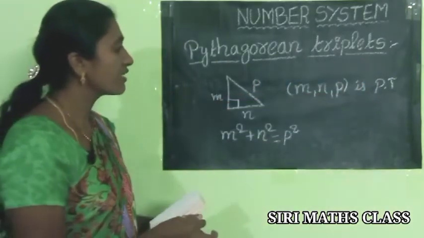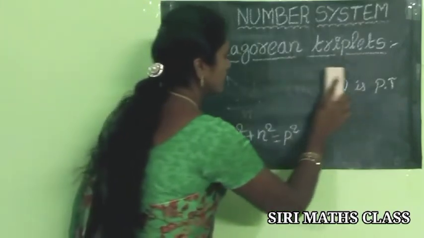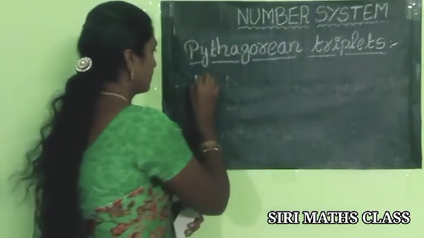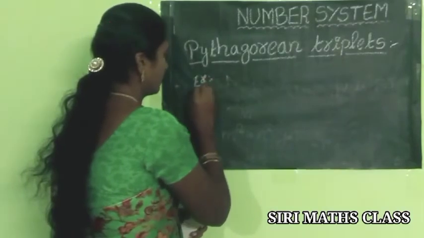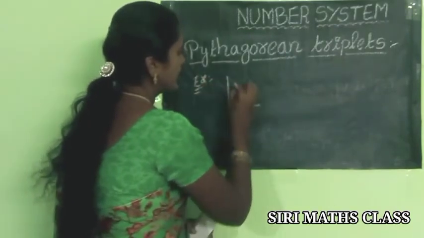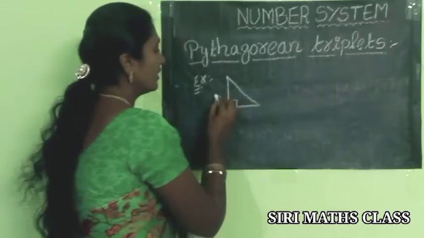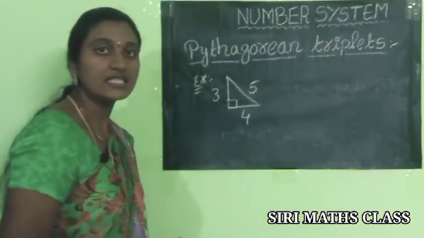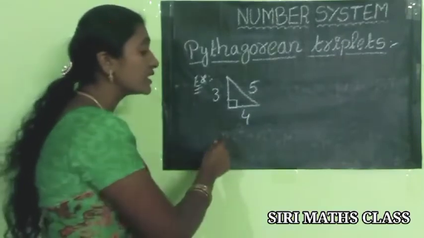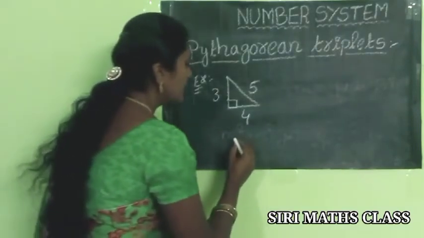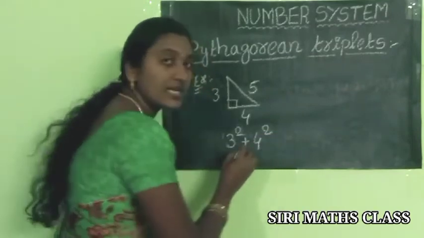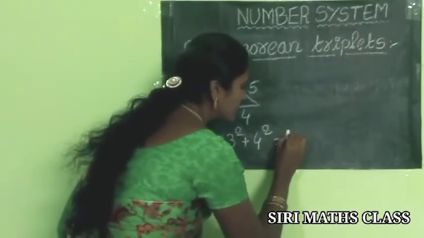Here we can take one example. In this right angle triangle, I take the sides as 3 and 4, and the hypotenuse as 5. In the Pythagoras theorem, the condition is side square plus side square equals hypotenuse square.